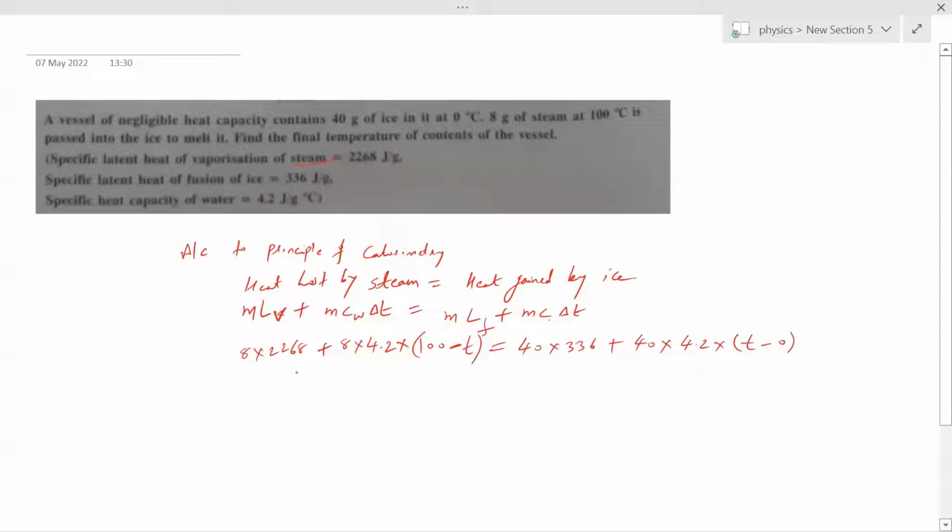So now calculate the value of T. Azra, what value of T are you getting? Sir, doing so. Okay.